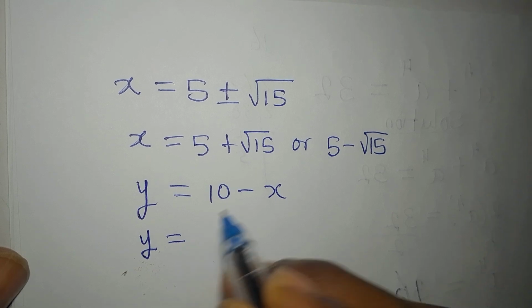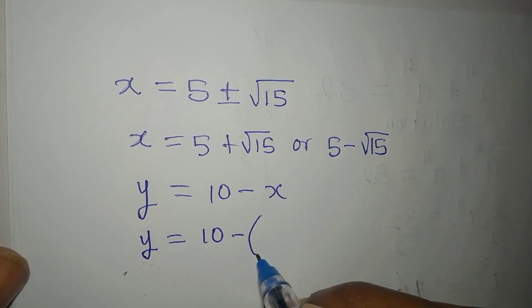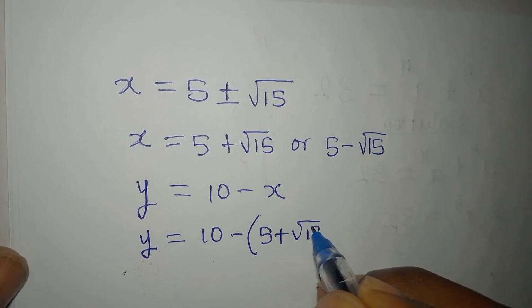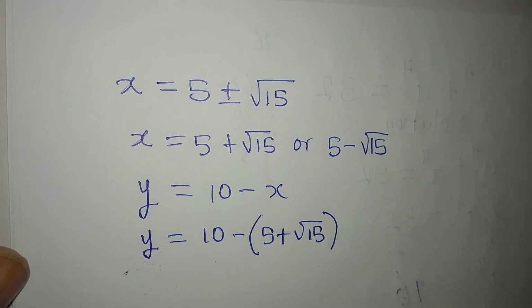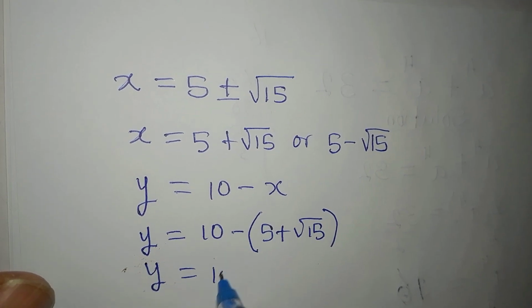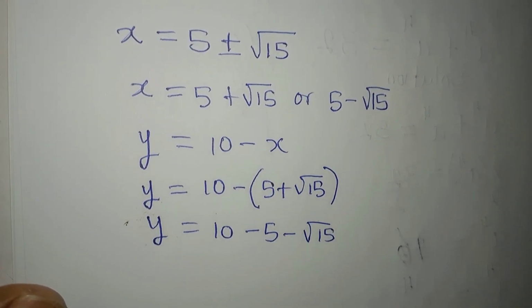So y from here will be 10 minus, you would open the bracket to write 5 plus root 15. If you do not do this, you will be wrong. Now this means that y is equal to 10 minus 5 minus root 15, because the negative will open the bracket.